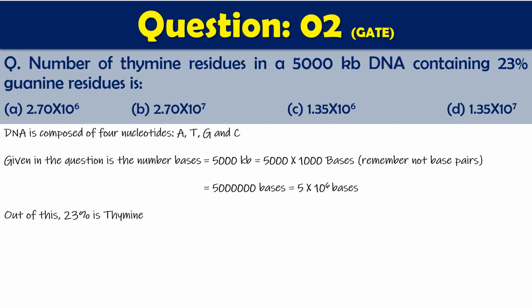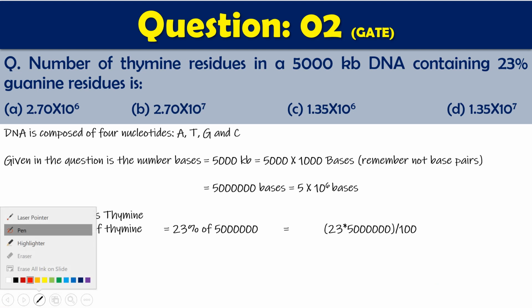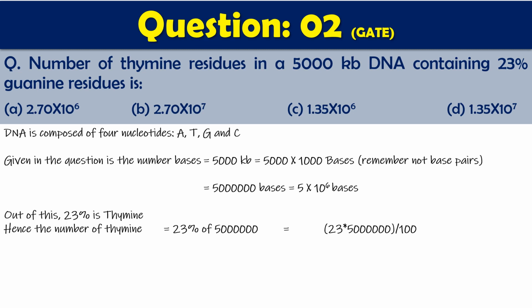Out of this, 23% is given in the question. Hence the number of bases equals 23% of the total bases, that is 5 × 10^6. So that is 23 multiplied by 5 × 10^6 divided by 100.